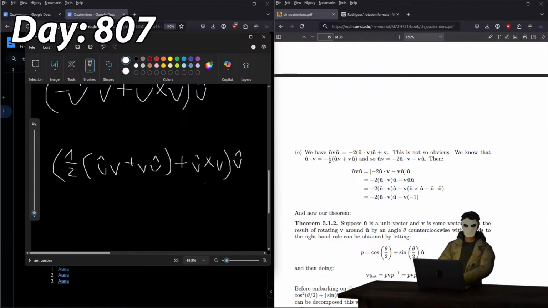Solid progress? I don't know. I think, hopefully.